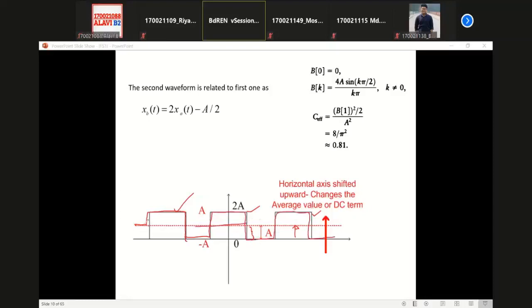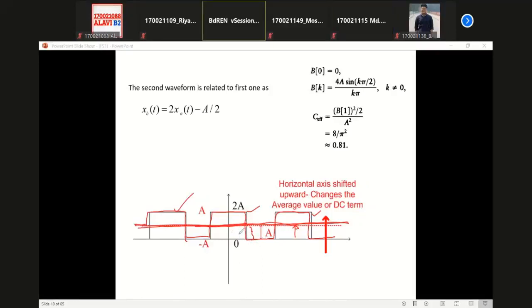Yes, sir. Now, has the symmetry condition changed? Is the evenness or oddness of your signal the same, or has it changed to some other symmetry? So it's still even, isn't it? But what change is there by shifting the horizontal axis? The DC value is changed. Okay, that is the thing.